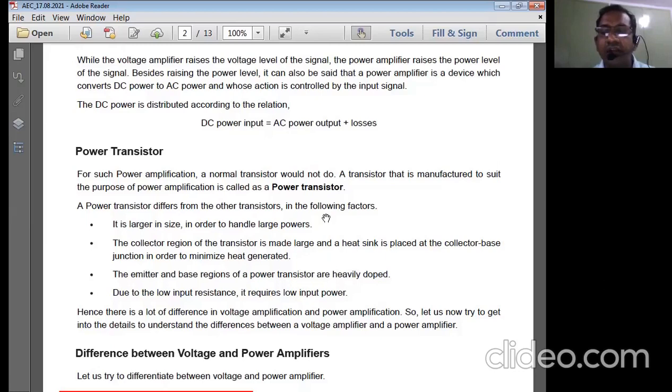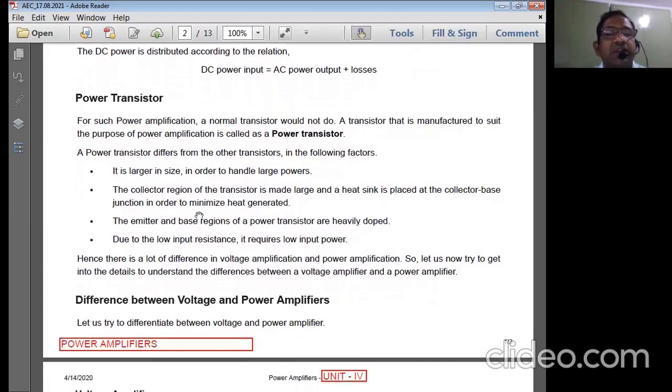So we have to see that the heat escapes out of the amplifier circuit in order to keep the Q point at the center of the active region. So that is the reason why we have to use the large size. The size of the transistor in the power amplifier is going to be larger to handle the large power dissipations.